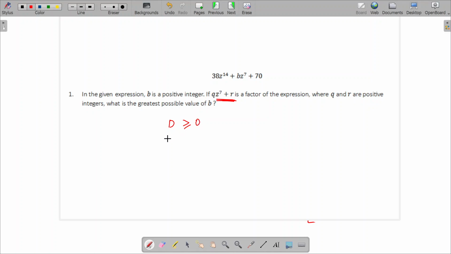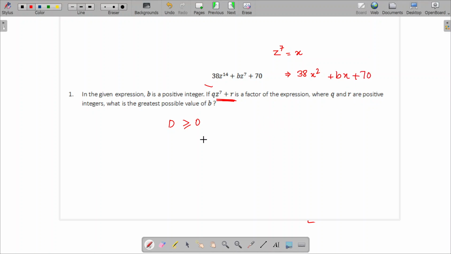Now, if the discriminant is greater than or equal to 0, but here this is not a quadratic equation. Can I form this expression as a quadratic equation? Yes. How? I can assume z raised to the power 7 as x. So I can rewrite my expression as 38x squared plus bx plus 70.